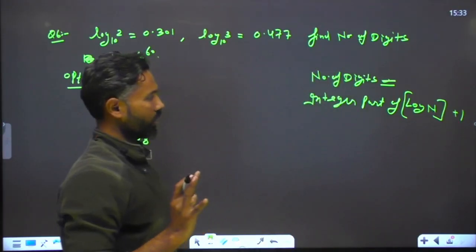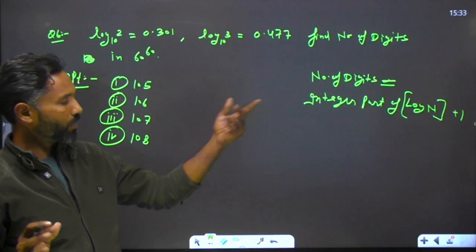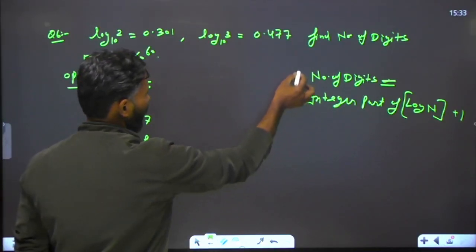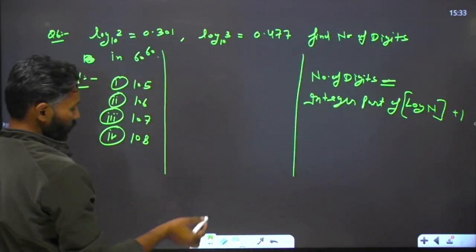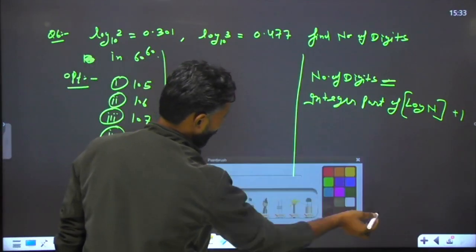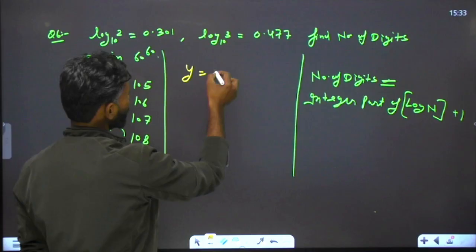This is the formula. Now we have to calculate the number of digits in 60 to the power 60, so we can write y equal to 60 to the power 60.